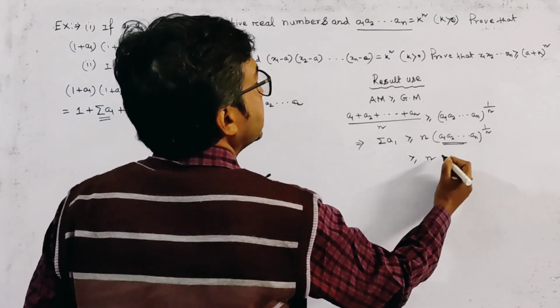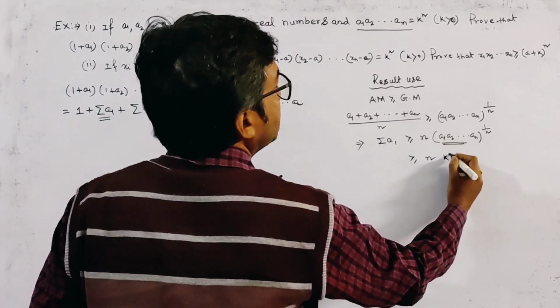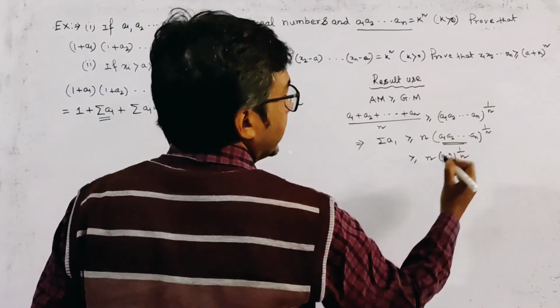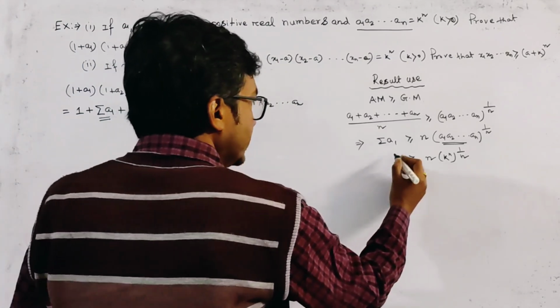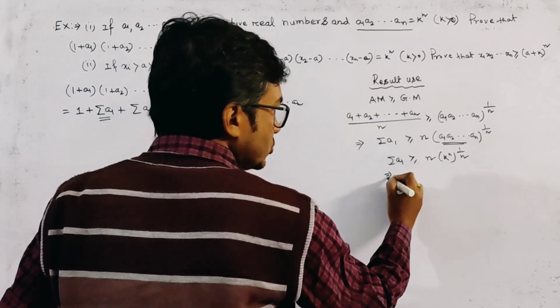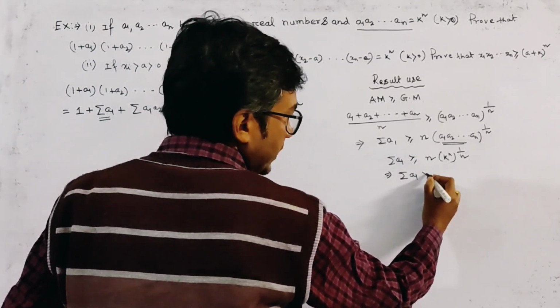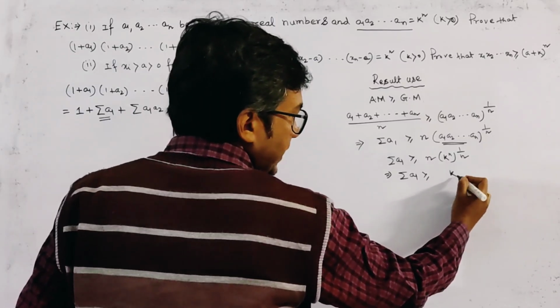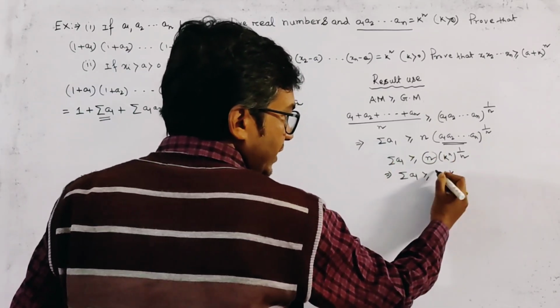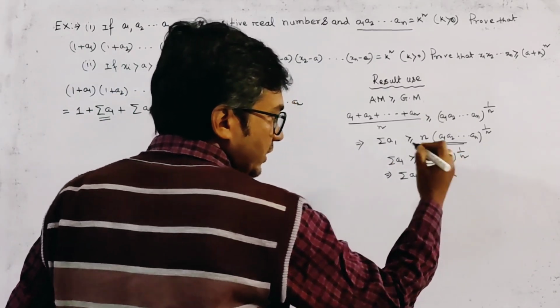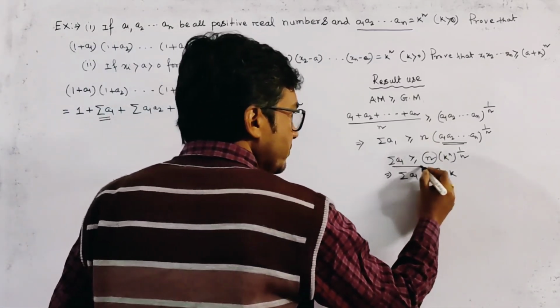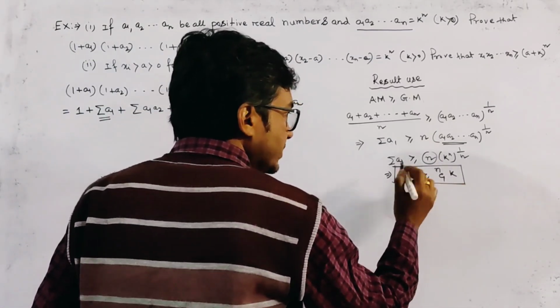So we get n into (k to the power n) whole to the power 1 by n, and for summation a1 we get greater equal to n times k, and we write it as nC1. Okay, we get the first result.